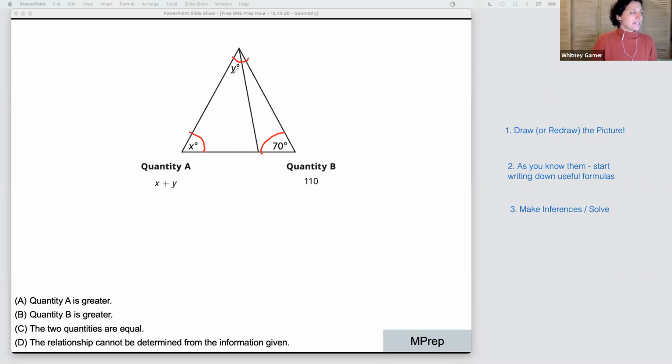So 70 plus X plus Y plus, let's call this a thing again, Z. If 70 plus X plus Y plus Z is 180, and I know that 70 plus this whole big missing piece would be 180, then 70 plus X plus Y is going to be smaller than 180.